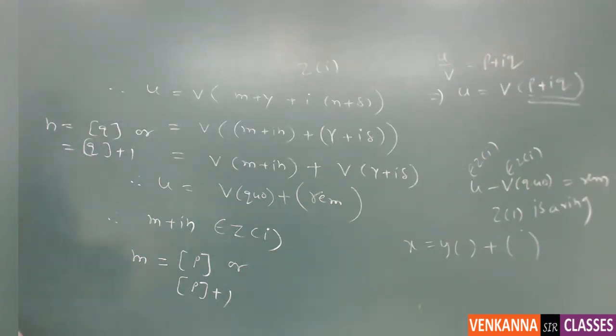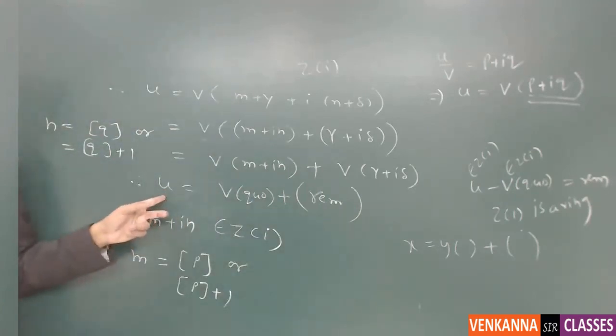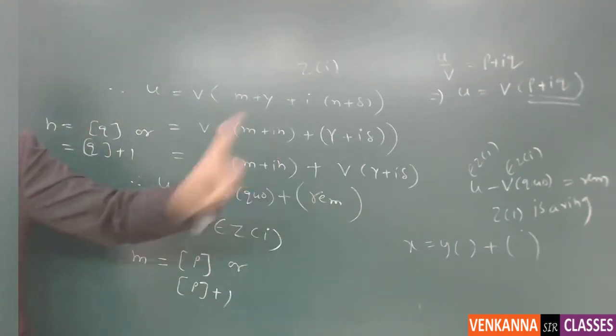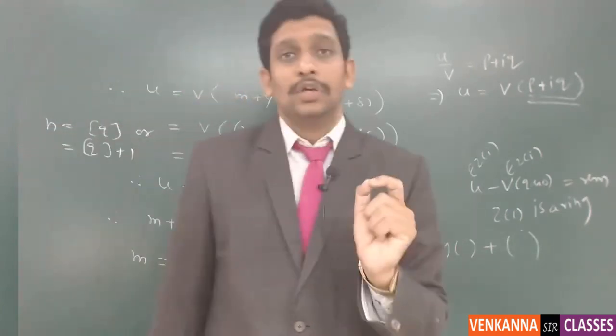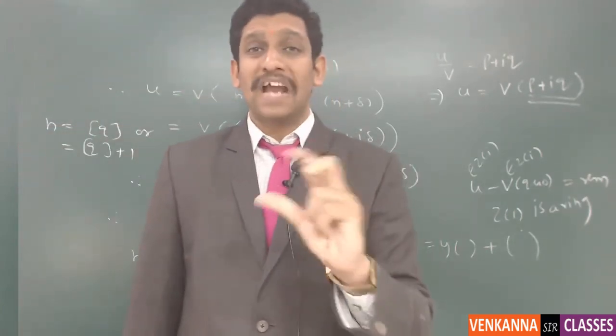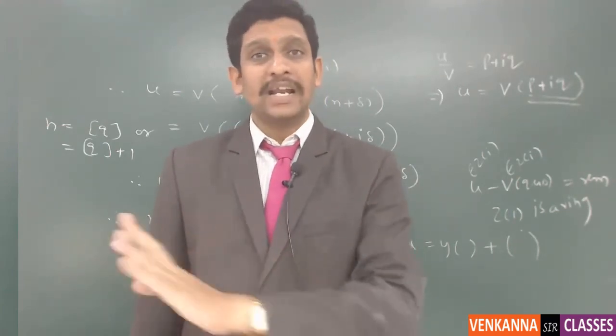Now, you have represented the form u is equal to v into quotient plus remainder. Please understand, you have taken the fractions actually. For your computational convenience, I have written like that.